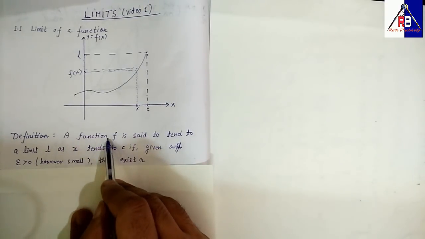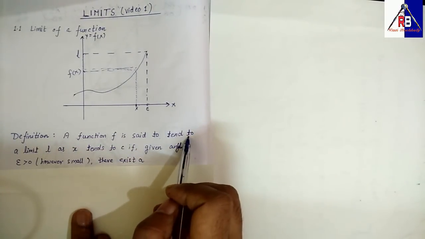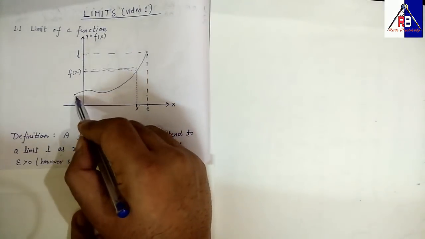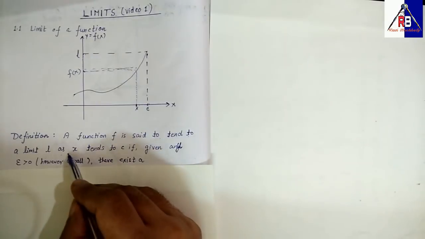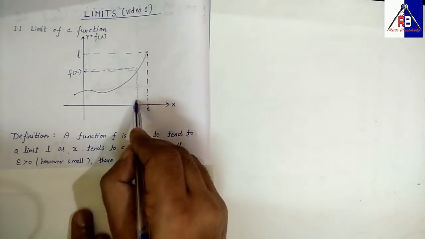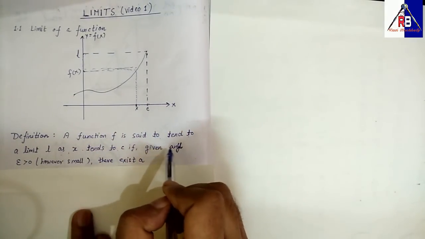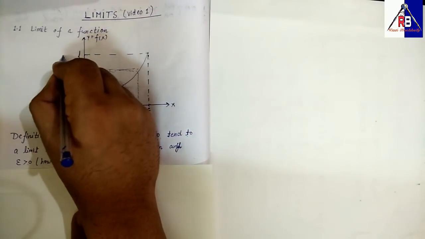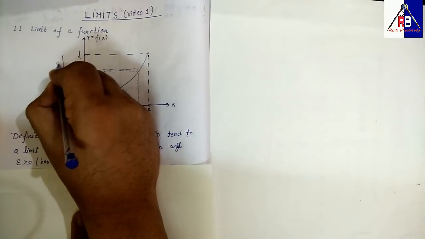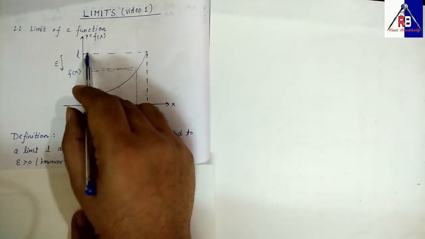A function f is said to tend to a limit L as x tends to c if, given any epsilon. Now what is epsilon? Epsilon is this small distance between L and f(x).